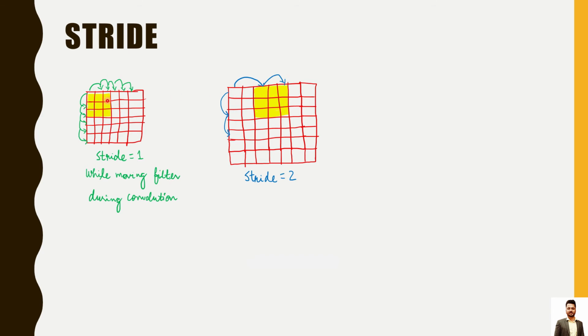So initially the filter was at this place, and if you want to take a step of 2, you will reach directly at this location, and similarly you can move again and reach this location. This is a very important concept, understanding strides and padding, and we will also be seeing a small numerical on these things in a while.